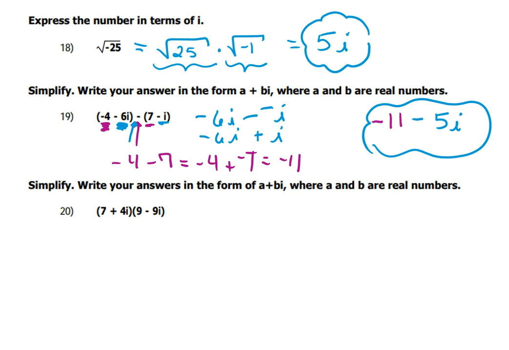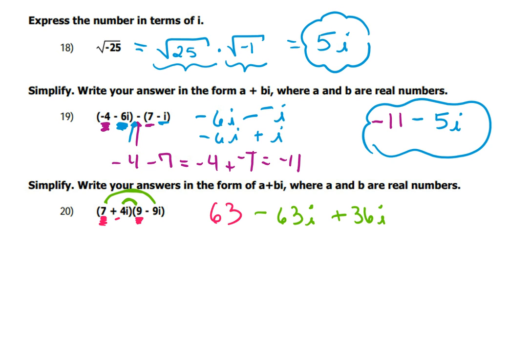Is multiplication, so I'm just going to use the FOIL method on this. So first times first, 7 times 9 is 63. And then my outsides are negative 63i, and my insides are positive 36i.